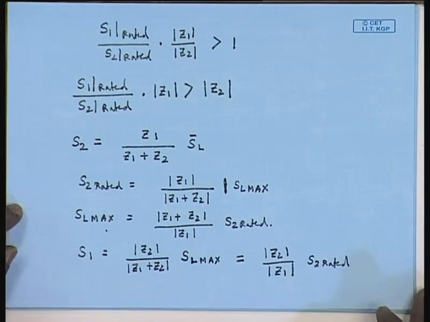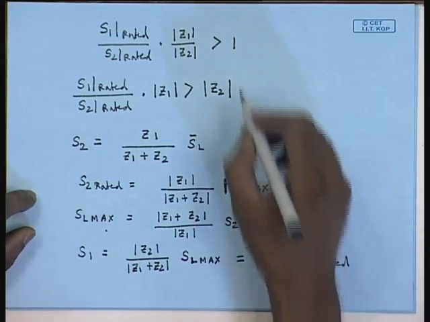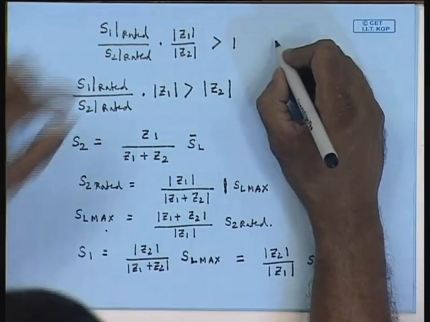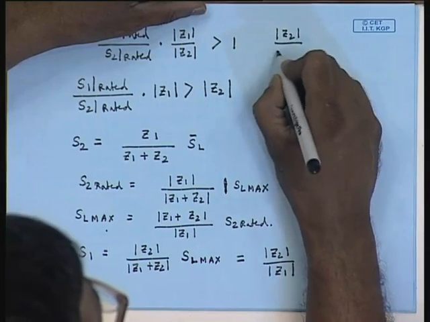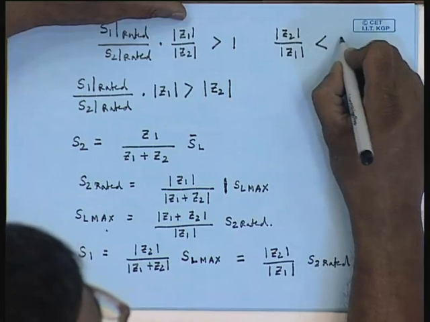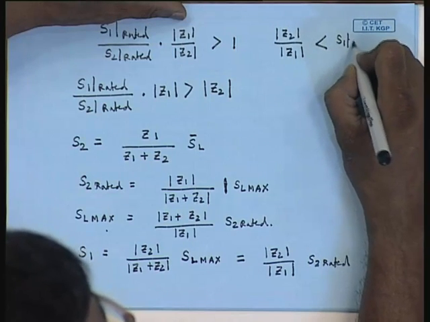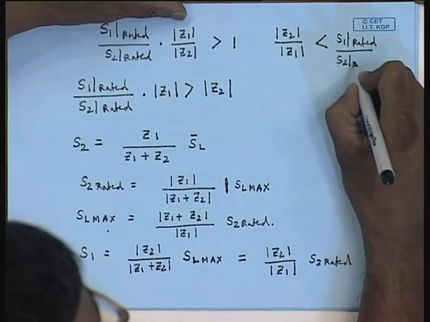But from this relation we have seen |Z2| by |Z1| is less than S1 rated divided by S2 rated.